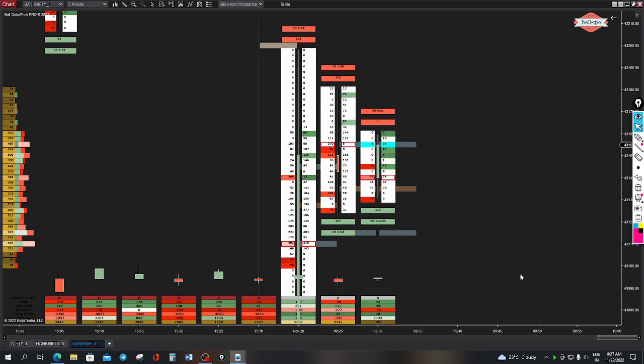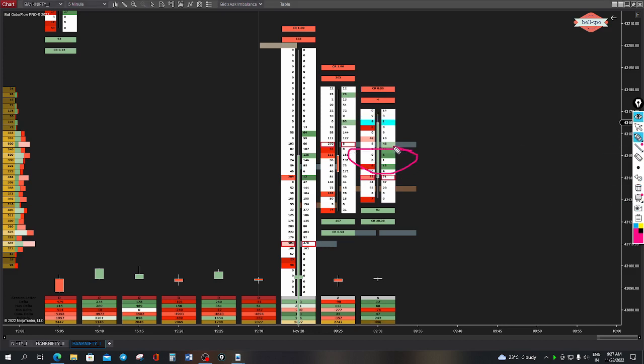There are some buy orders coming in. These are buy orders where there are no sell orders, so it will be considered significantly strong.